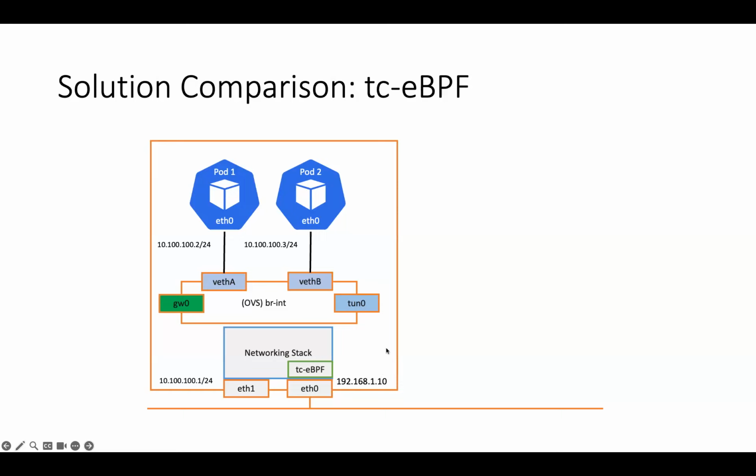It also has its own problems. The first advantage is that it has full control over the node traffic, because you can literally program any programs you want to classify the packet and to take action after classifying the traffic.